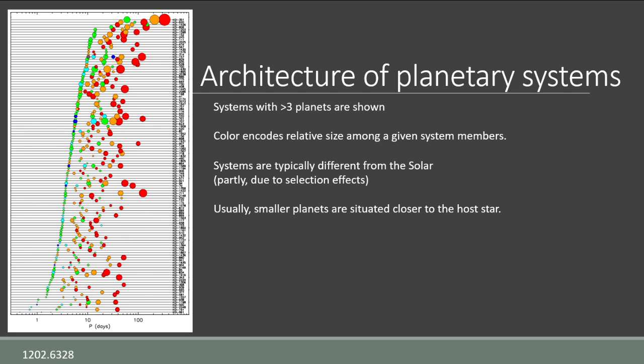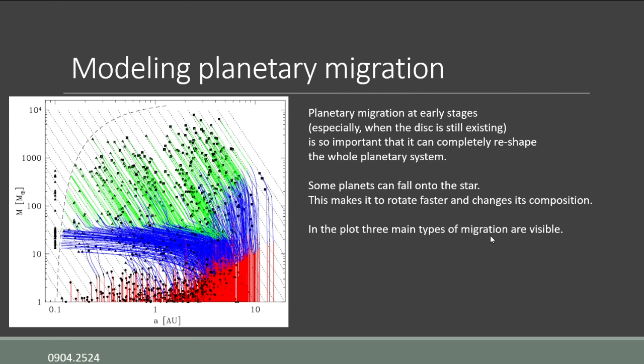If it happened in the early solar system, then most probably there would be no life in the solar system, because Earth would be shifted closer to the Sun, out of the habitable zone, and in the habitable zone we would have ice giants, for example, and of course there would be no life on ice giants. So migration of planets is an important thing, and a very important ingredient of modern models of planetary formation.